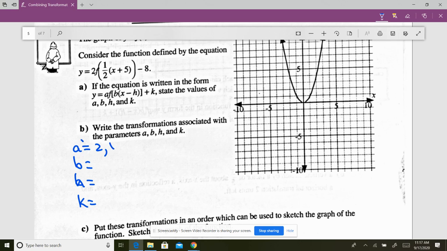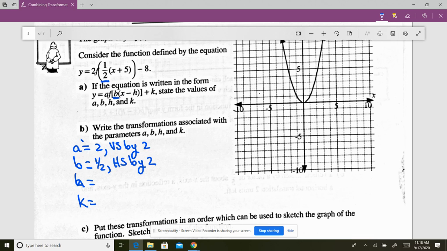Vertical stretch by 2. You're multiplying all your y values by 2. All right, what's my b value? The b value is the number in the function. Literally, there's b, there's b. So your b is 1/2. What does that mean? Horizontal stretch by 2. That's when you flip it.